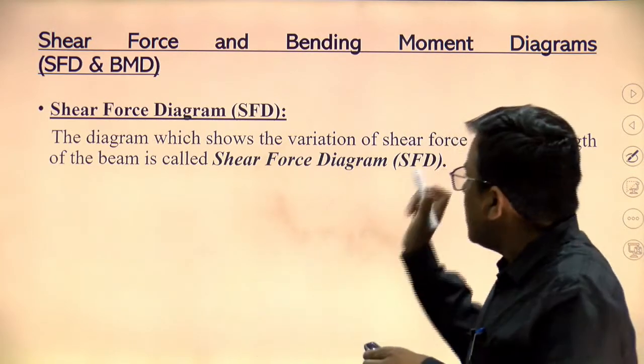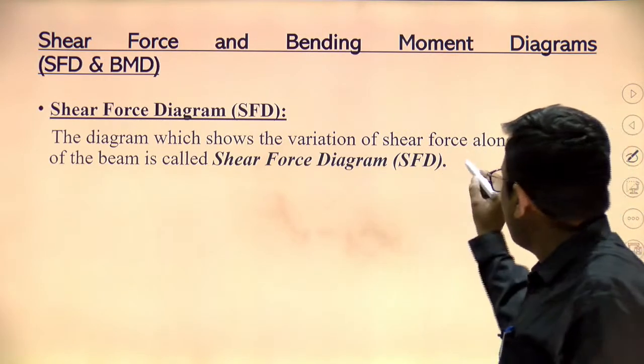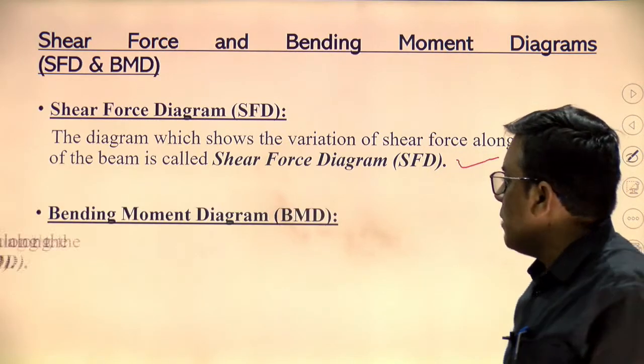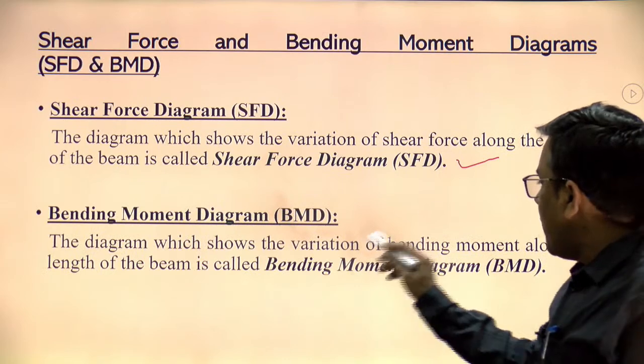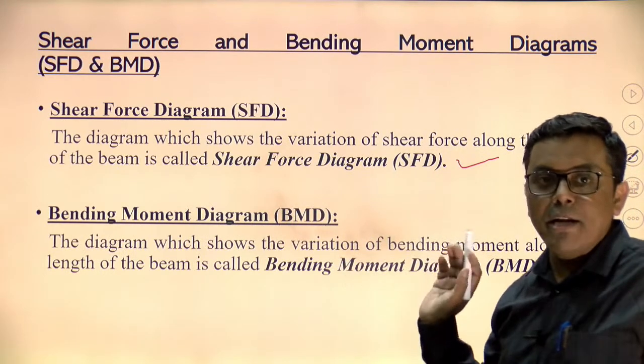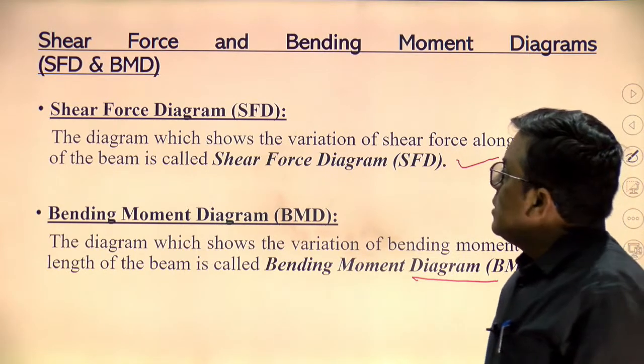So the diagram showing the variation of shear force along the length of the beam is called the shear force diagram. Similarly, the diagram which shows the variation of bending moment along the length of the beam is called the bending moment diagram. Okay, clear?